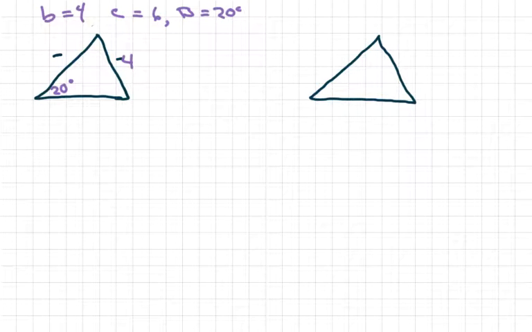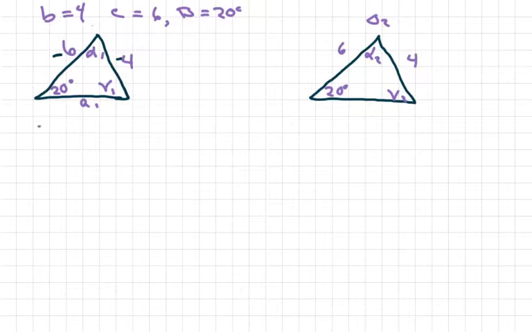And then my C is 6, and I always write it this way. So that's going to be your gamma 1, and we're going to be looking for alpha 1 and my A1. And I'm going to copy the same thing down, 20, 4, 6, but now we have our alpha 2 and gamma 2, because this is my triangle 2. Alright, and now we just solve for gamma 1.